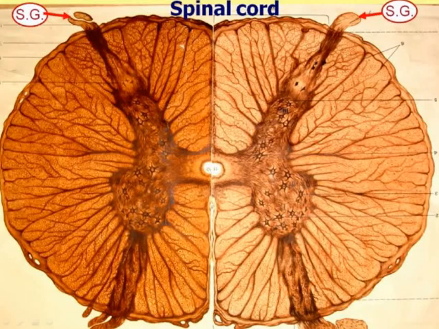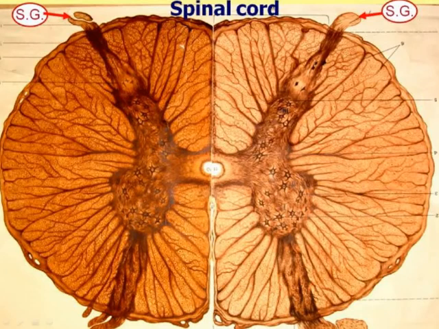The white matter around consists of three funiculi: anterior, between the anterior horns; posterior, between the posterior horns; and lateral.